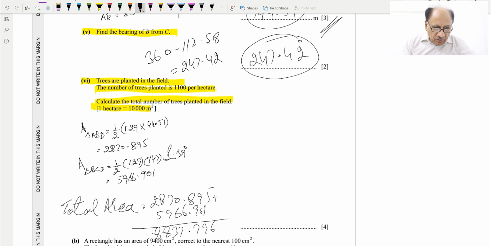Now this is the total area, but they're saying in hectares. In 1 hectare it's 10,000. So area in hectares will be what?